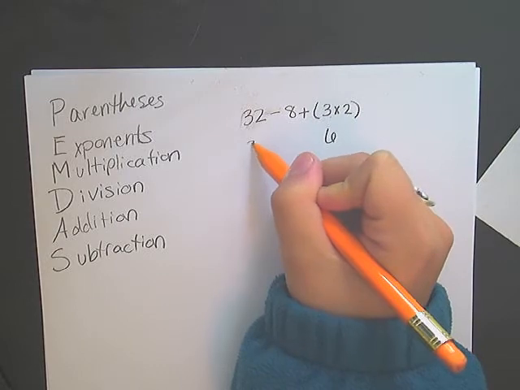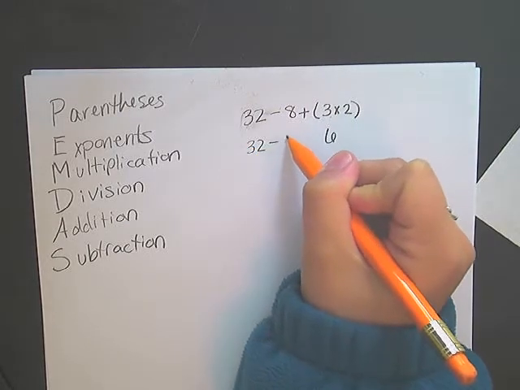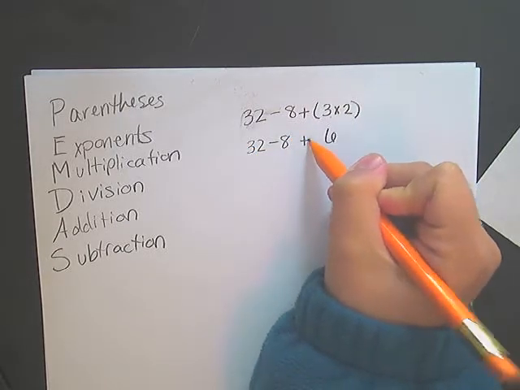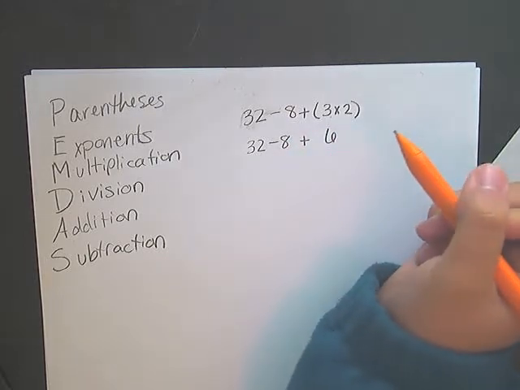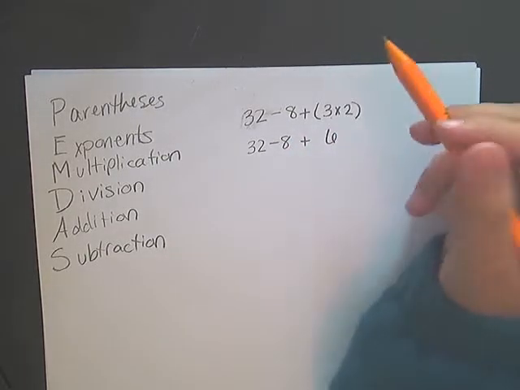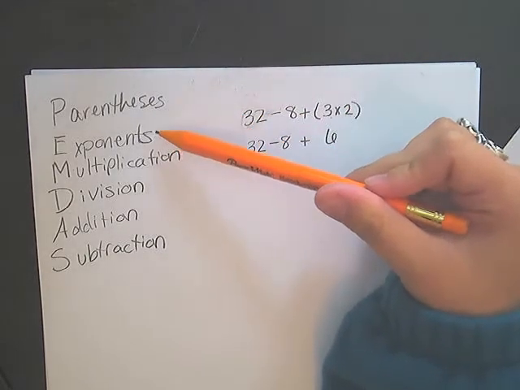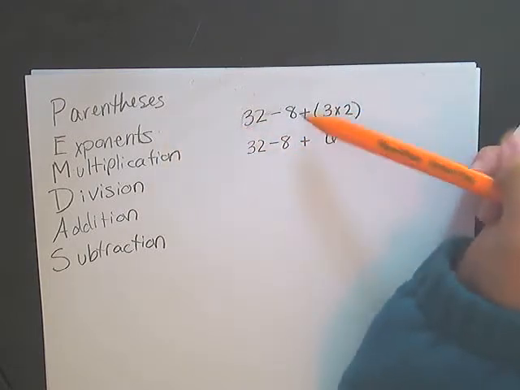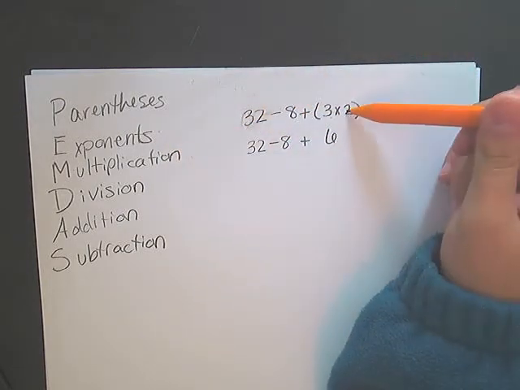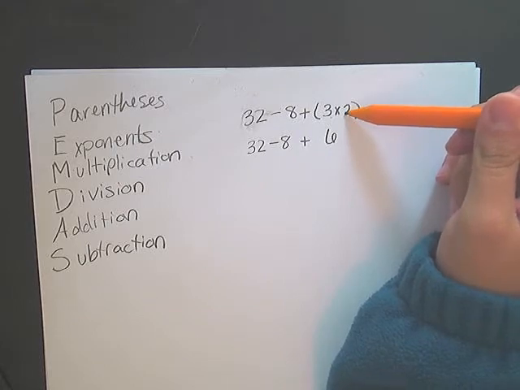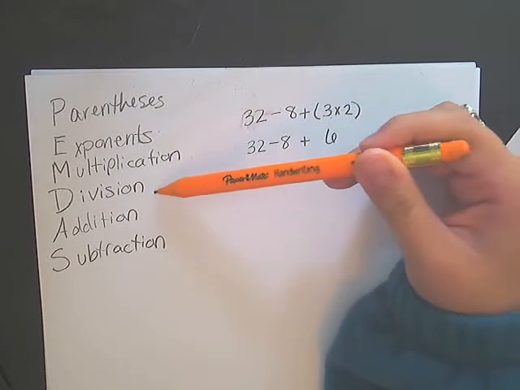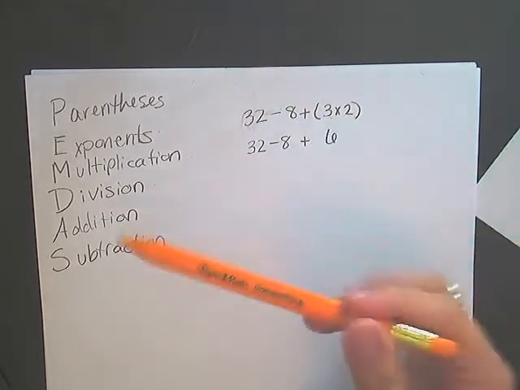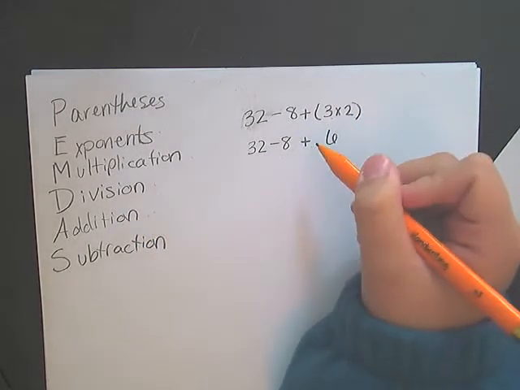And then you always bring down the rest of your problem so you know what you're going to do next. We already did parentheses. Do we have any exponents? No. Do we have any multiplication? We already did it because it was in the parentheses. Do we have any division? No. Do we have addition? Yes. So 8 plus 6.